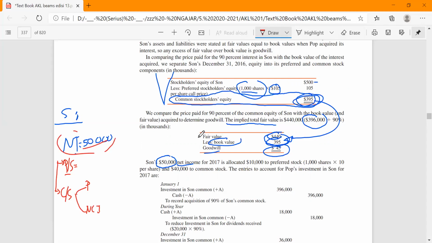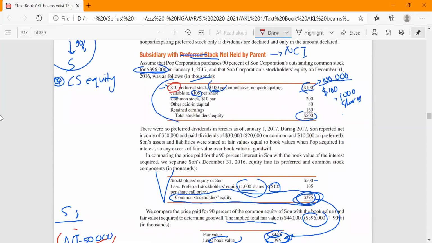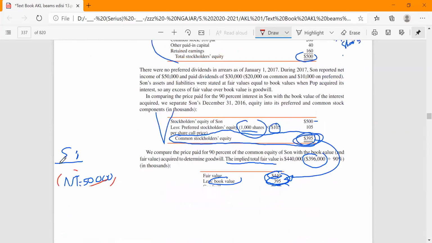As you can see here, this shows us the information of the price per share that the preferred stockholders will get every time the Sun Corporation gets an income.